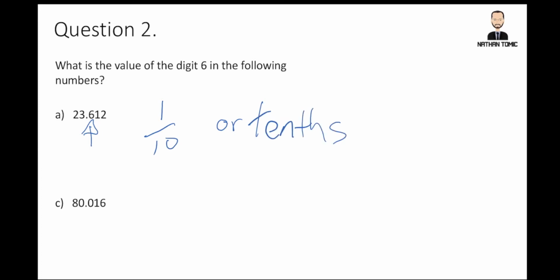The second example here is our 6, so it is the third number to the right hand side of the decimal point, so that would be tenths, hundredths, thousandths, so 1/1000, or thousandths.